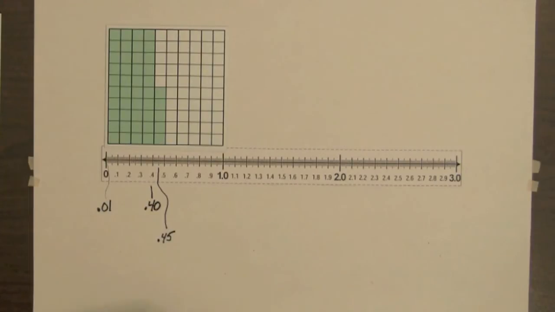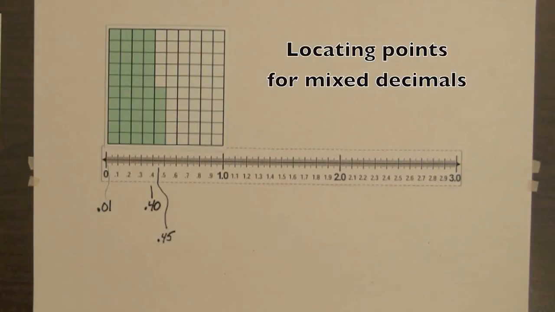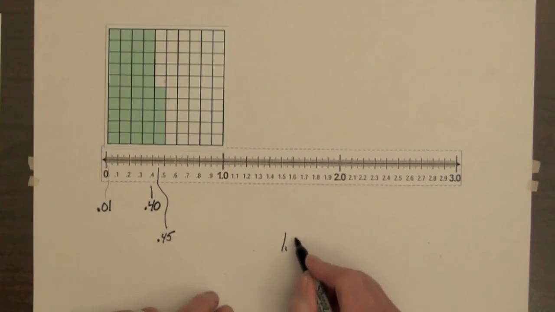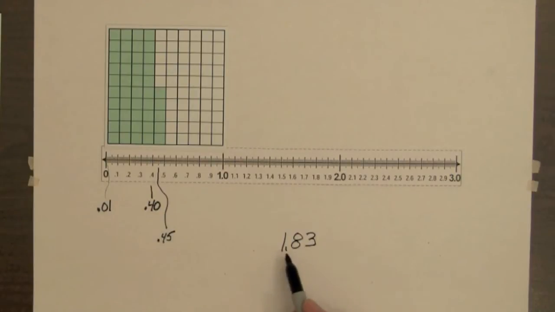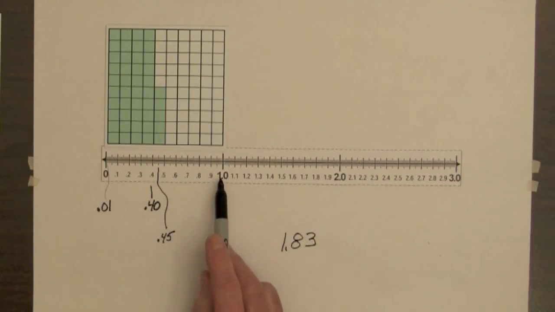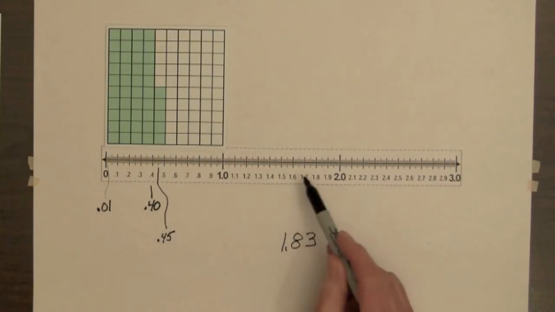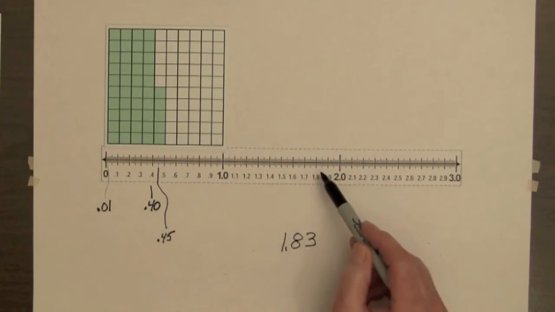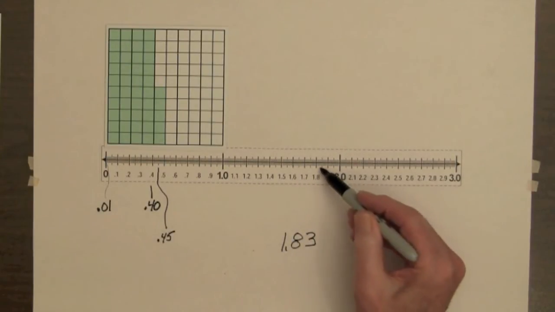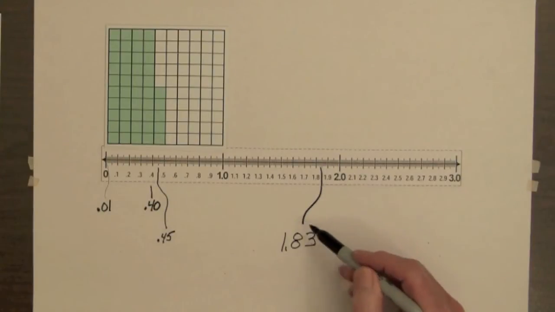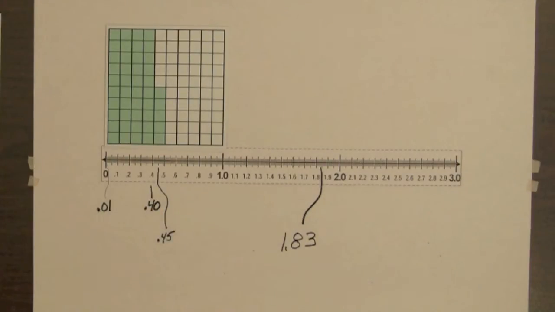Let's locate the points on the number line for a few mixed decimals. 1.83 is a mixed decimal for one whole square and 83 parts out of 100. So we go to 1.0 for one whole square, and then go to 1.8 for 80 more spaces, and then count off 3 more spaces to get the point for the mixed decimal 1.83.